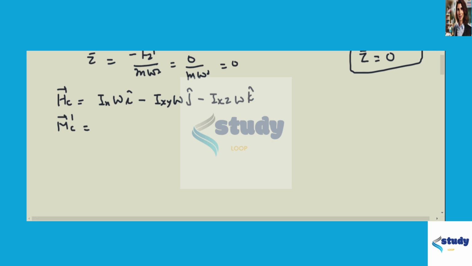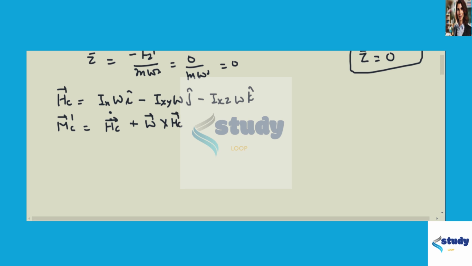M dash C, the moment of couple about C, equals the rate of change of angular momentum about C plus omega cross Hc.